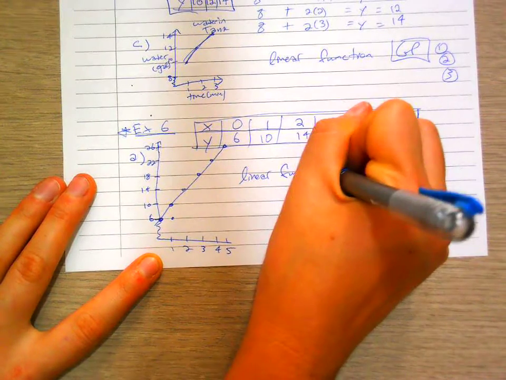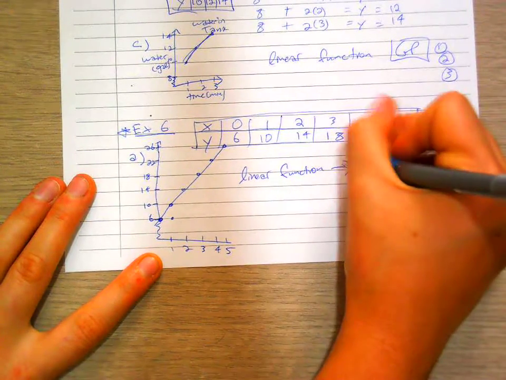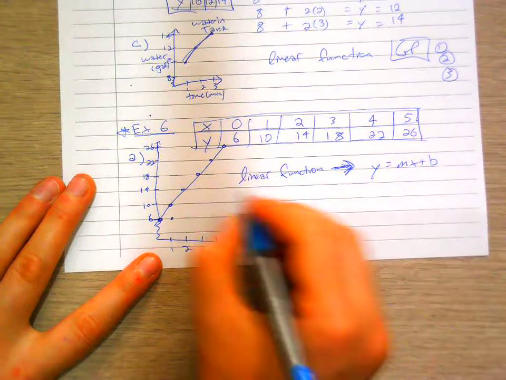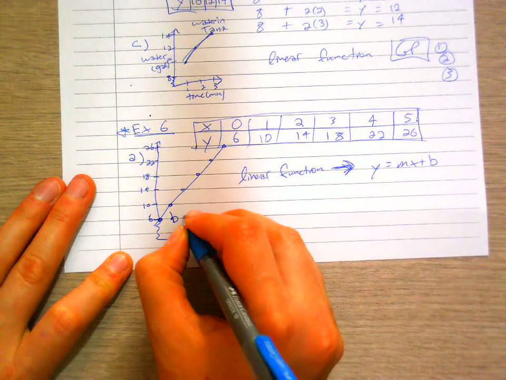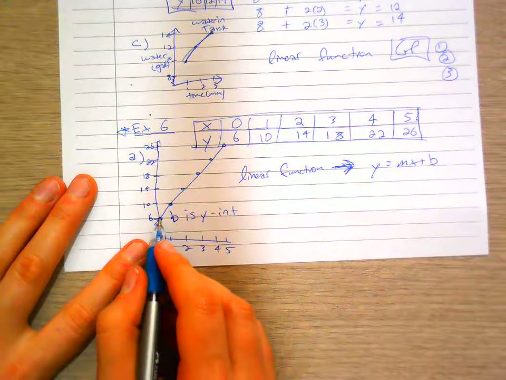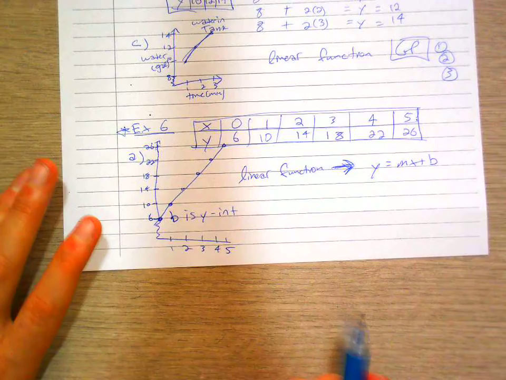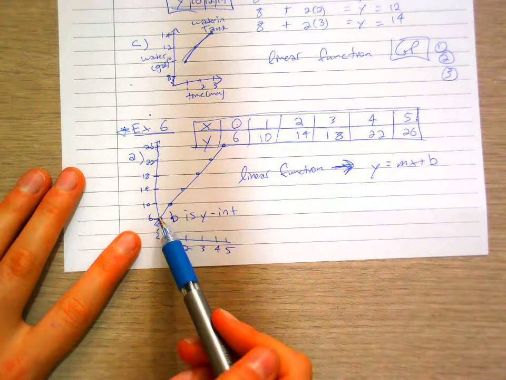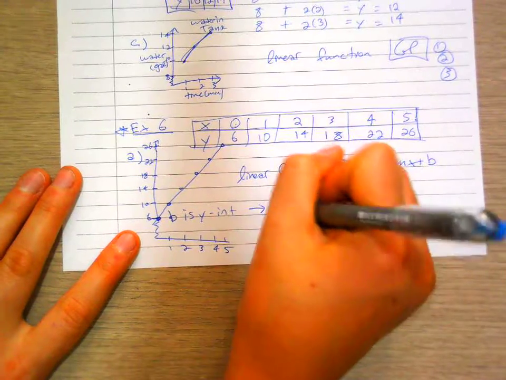In order to write a linear function, it's going to be in the format of y equals mx plus b. Remember the y-intercept. Where did she start? Remember our break-even point, you start at the startup cost. Here, you are starting at 0 on the x-axis. That's the y-intercept, and it's going to be 6.